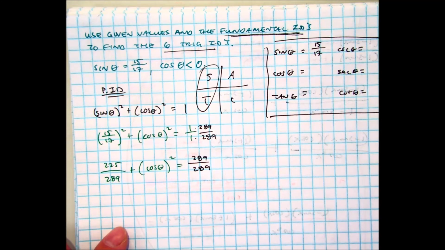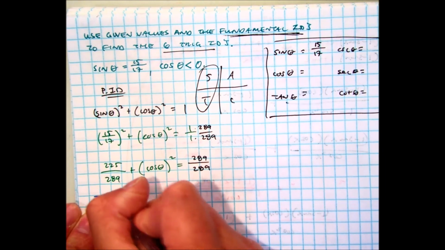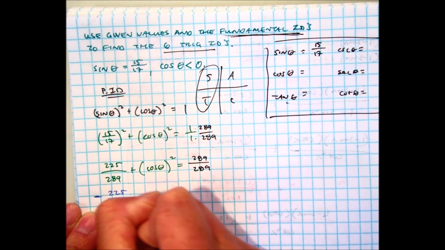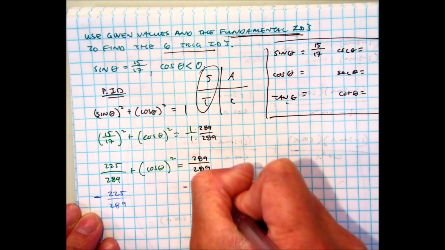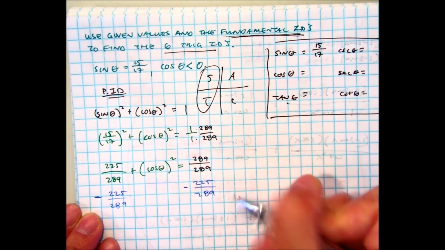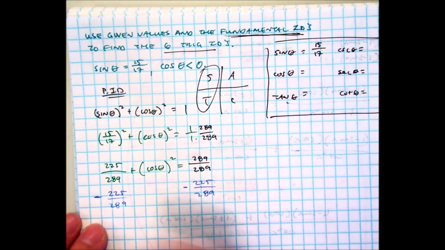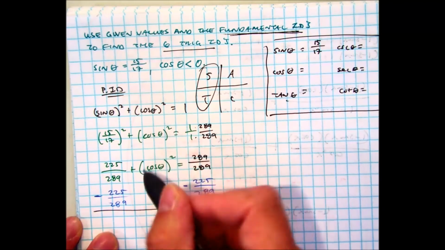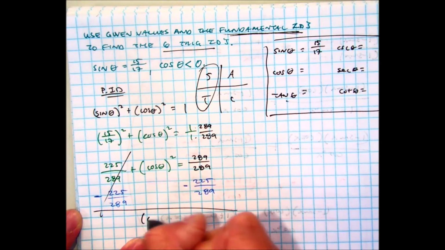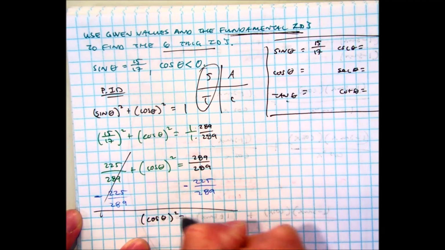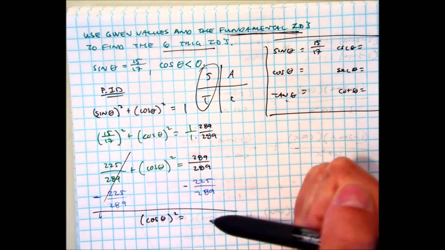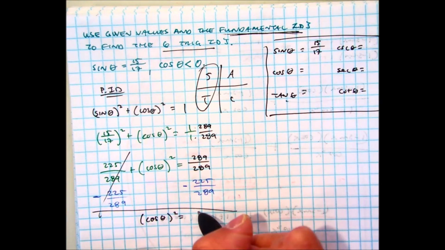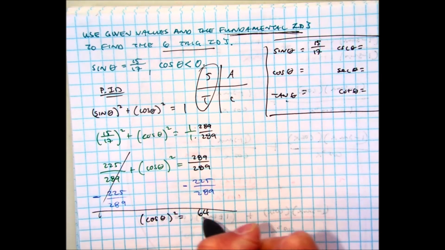What do we do next? We're going to subtract 225 over 289. And then this cancels. You're left with cosine of theta squared equals 289 minus 225, 64 over 289.